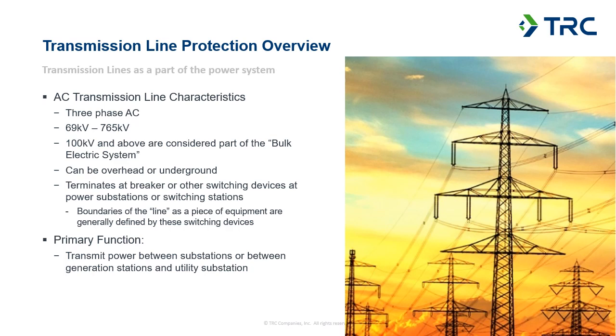When we're talking about the transmission system, there are some other terms we use to describe the system and system components and kind of categorize them. One of them is the term bulk electric system, or BES, and that's a term defined to identify what parts of the system have to meet certain regulatory requirements.